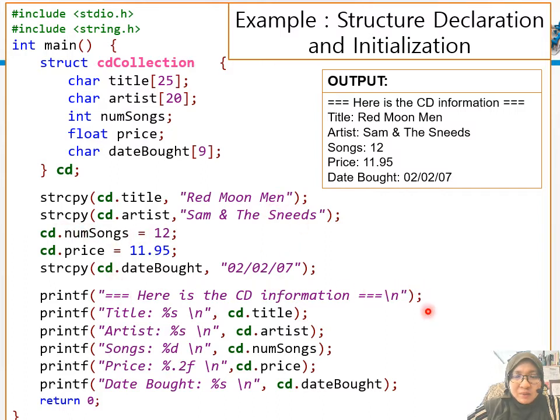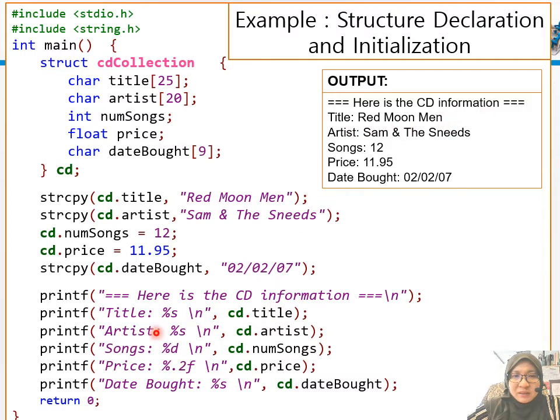You don't just print out. To access the data, you do use the dot sign here, cd dot. So you have cd dot title, cd dot artist, cd dot name song, cd dot price, cd dot date bought, in order for you to retrieve the data. So the printout, here is the cd.